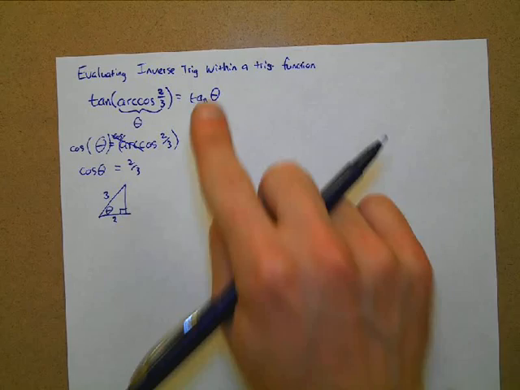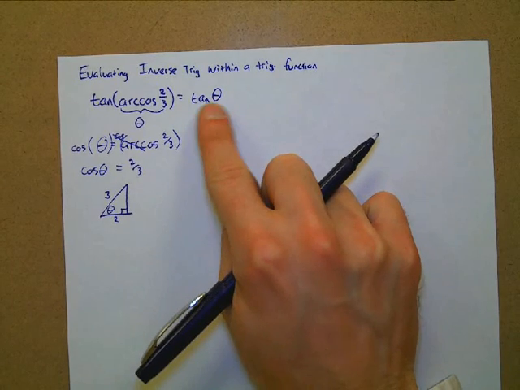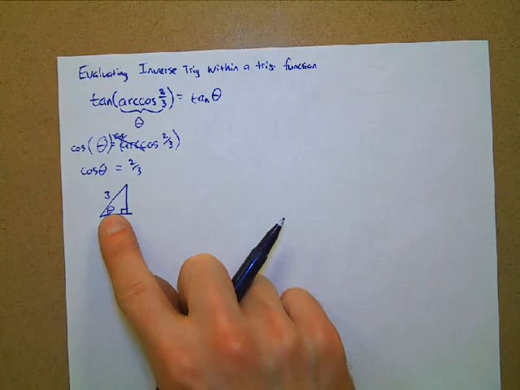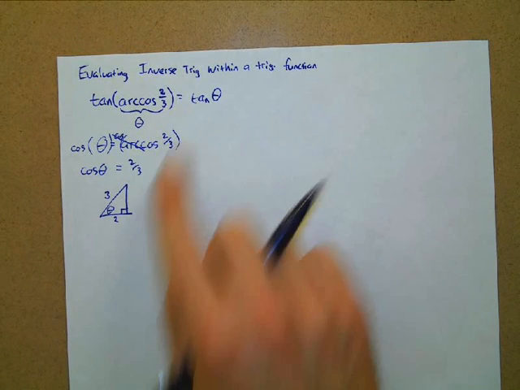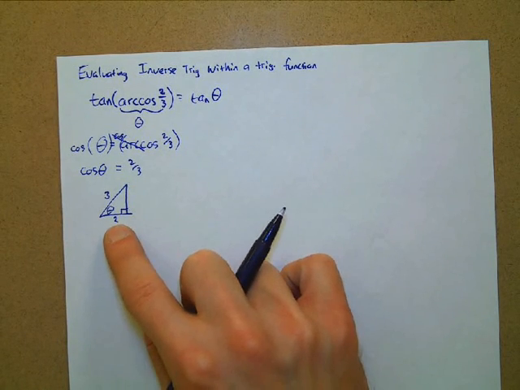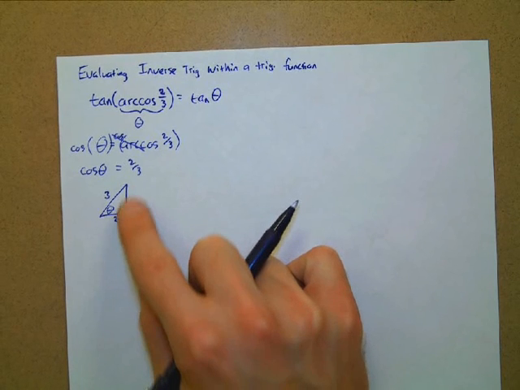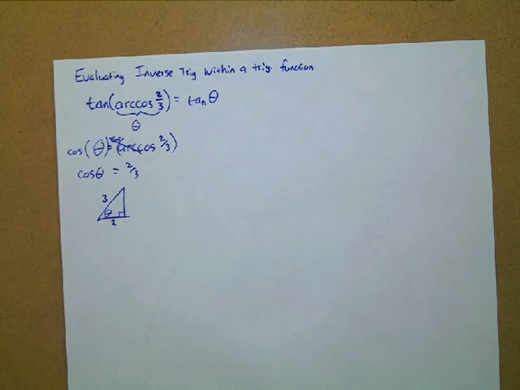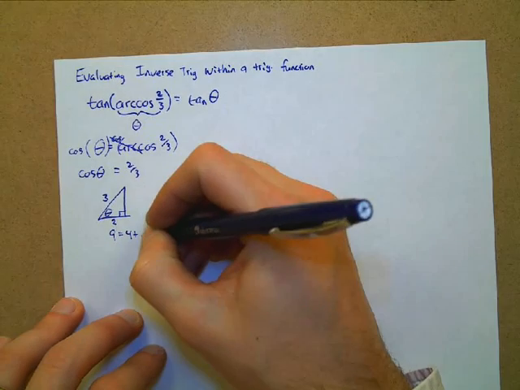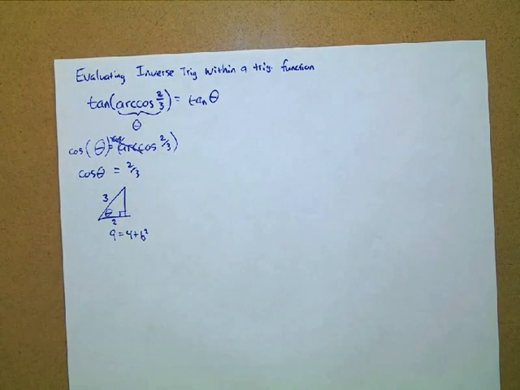Pythagorean theorem, exactly right. 9 equals 4 plus b squared, so b equals the square root of 5. So what's the tangent of theta? Square root of 5 over 2. And so the tangent of the arc cosine of 2/3 is the square root of 5 over 2.